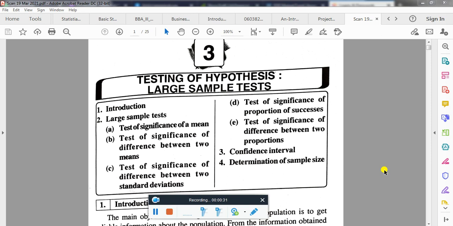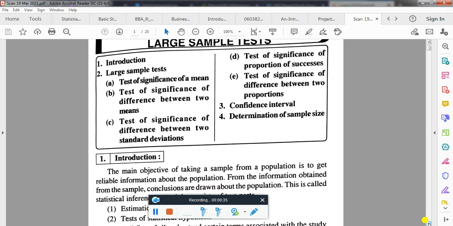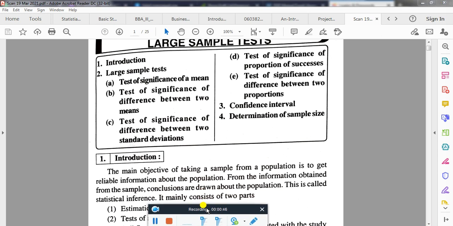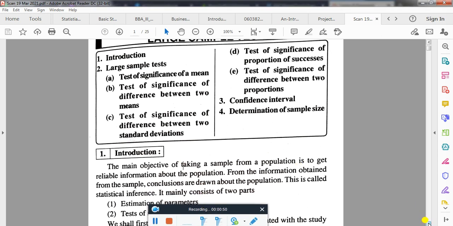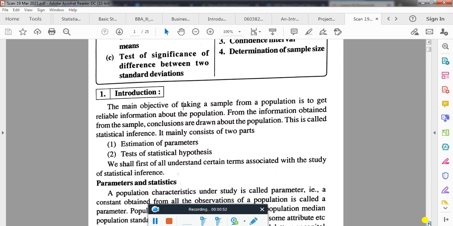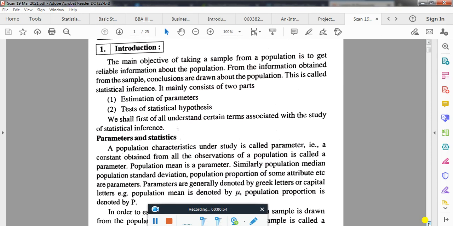Now in this unit, what I'm going to explain first: I will introduce it, then we'll explain what the large sample test is and which kind of tests we are going to handle in this concept. So first of all, in the introduction, the main objective of taking a sample from a population is to get reliable information about the population, isn't it?